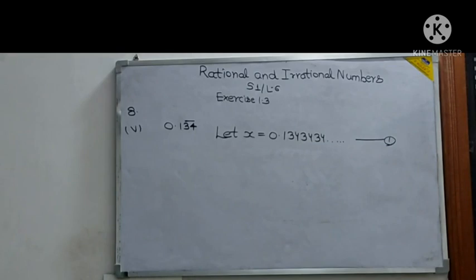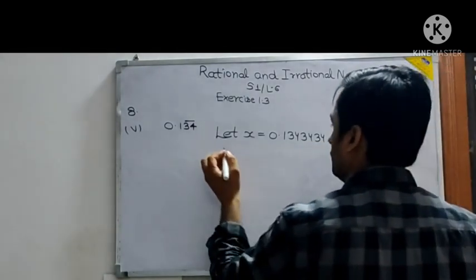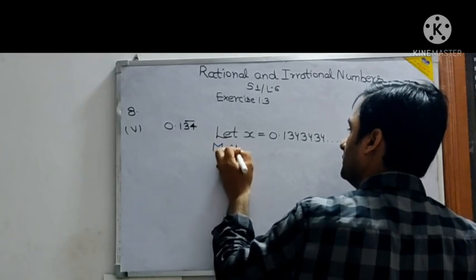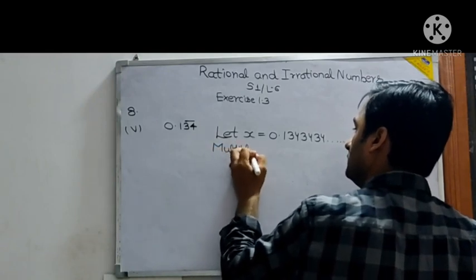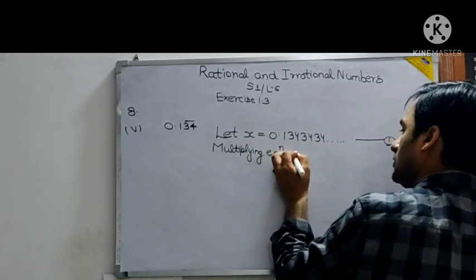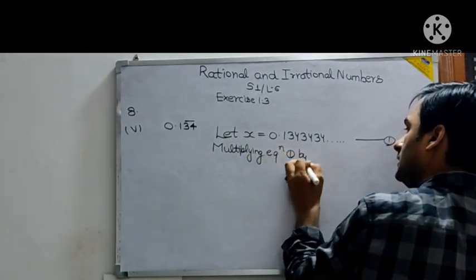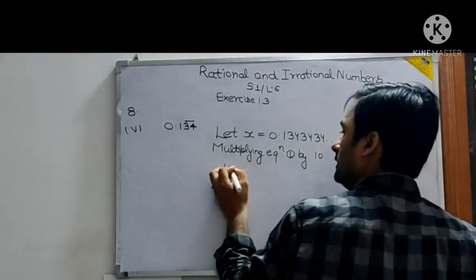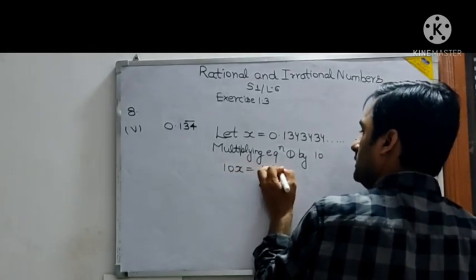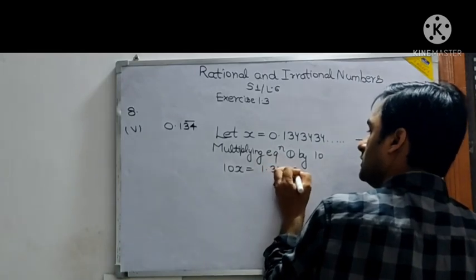Then what you will do? Multiplying equation 1 by 10. What do we get? 10x equal to 1.343434.